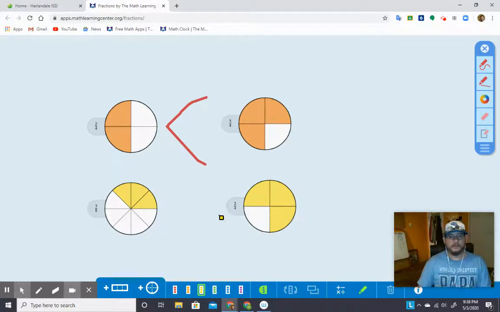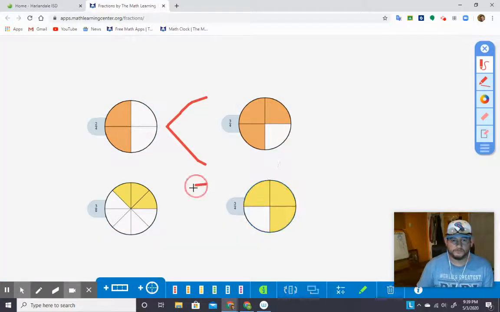Again, when you're looking at them and your numerators are the same, you compare the denominators, right? The smaller the denominator, the bigger the fraction. You can see right here, we have 3/8 right here, and we have 3/4 right here. Well, which one looks bigger? Yeah, 3/4. So I want to eat that side.